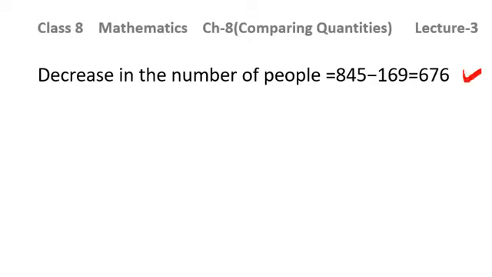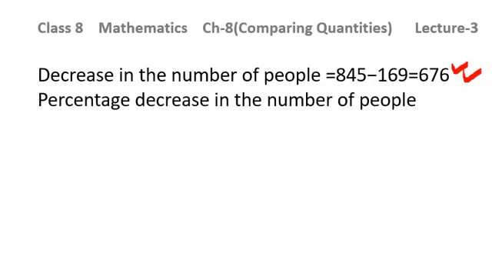So these many people have decreased as compared to Sunday. On Monday these many people visited the zoo. So this was the decrease in the number of people, that is 845 minus 169, equal to 676. We want percentage decrease in the number of people, and we know the formula: decrease in the number of people over original value into 100%.